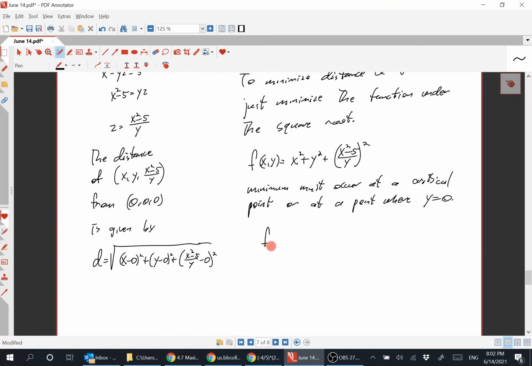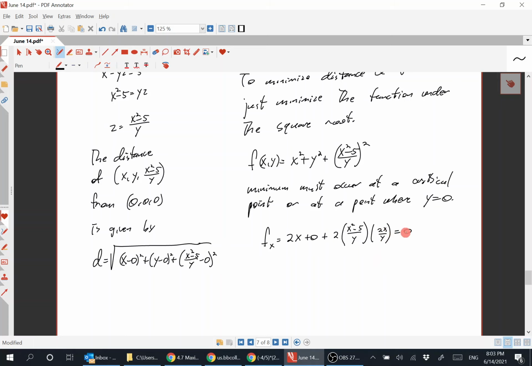So the partial derivative with respect to x here is 2x plus 0 plus 2 times x squared minus 5 over y to the first power times the derivative of the inside, 2x over y.